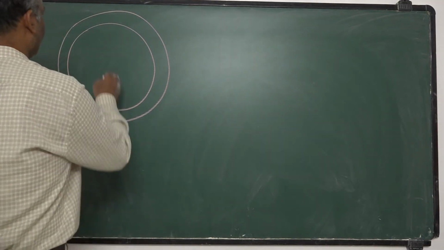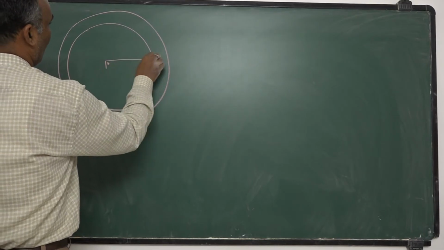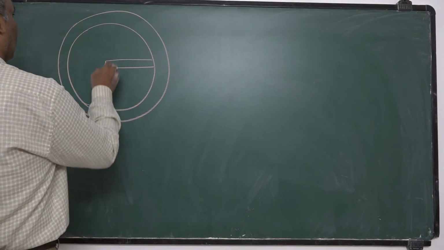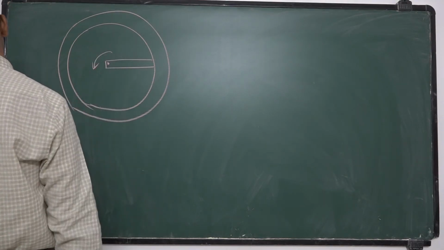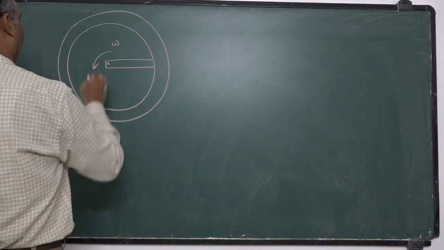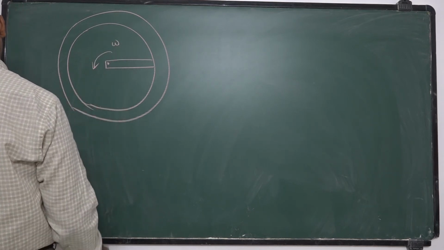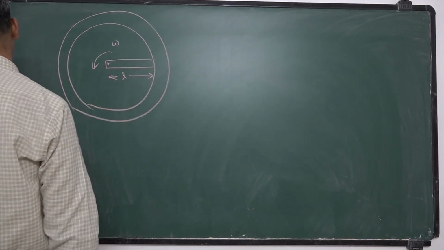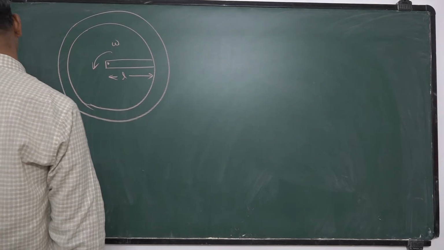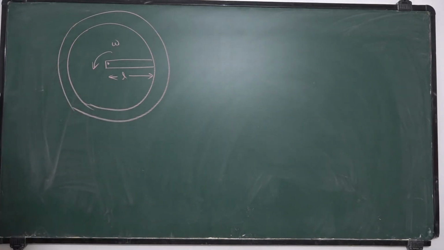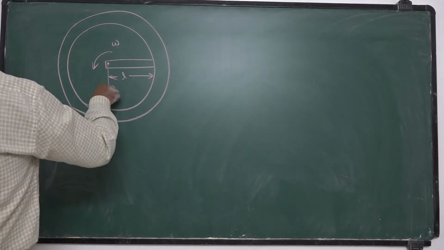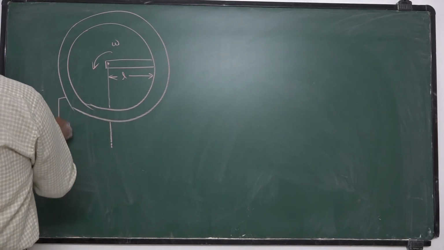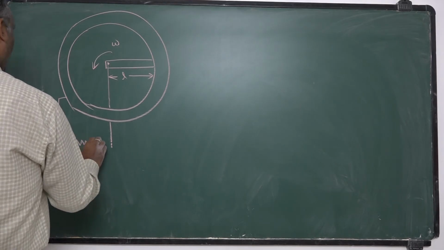And here is a rod. This rod is rotating on the ring with angular velocity omega, and the length of the rod is L. And from here, one wire is taken and it is connected through a resistance R here.